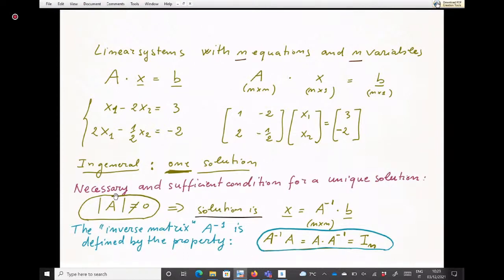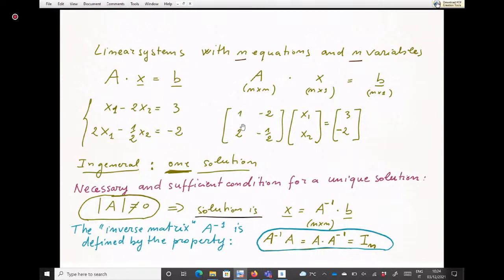But what is important here is that when you have a system with n equations, n unknowns, so a square coefficient matrix, in general you have one solution, and the necessary and sufficient condition for a unique solution is that the determinant of the coefficient matrix is different from 0. Okay?